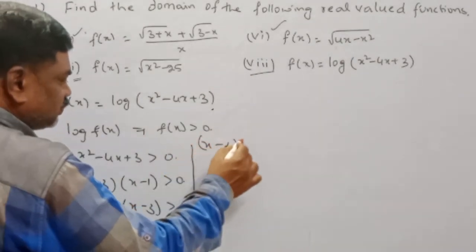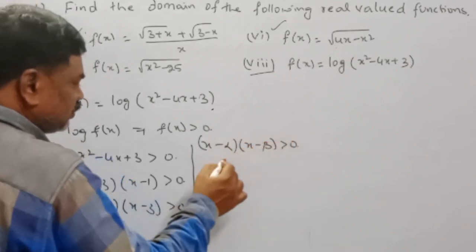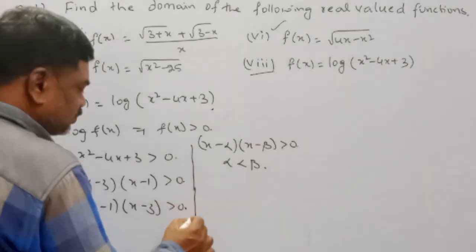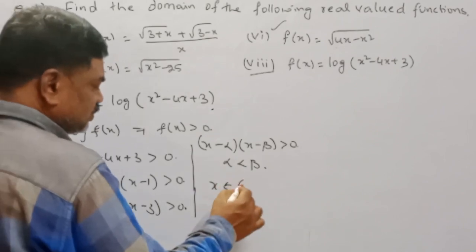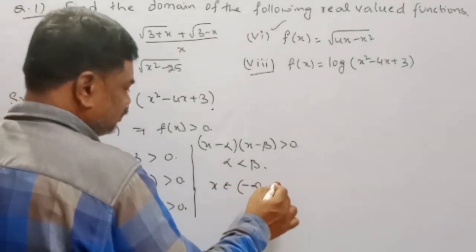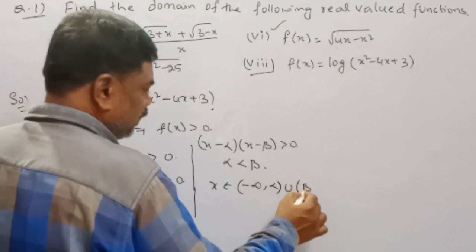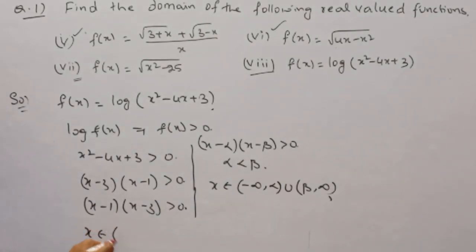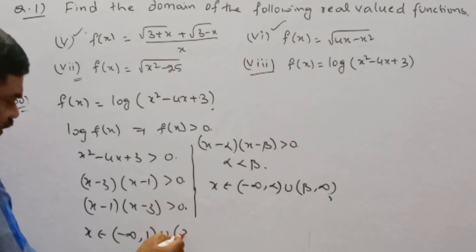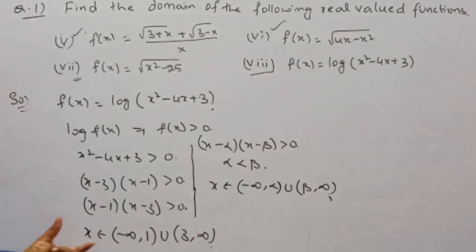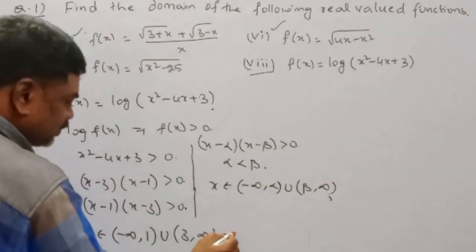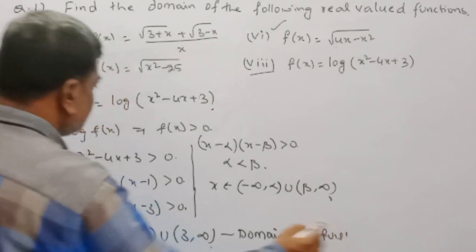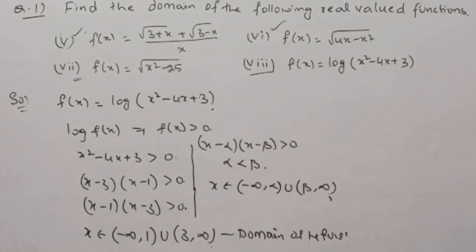X minus alpha into x minus beta greater than 0, where alpha less than beta, then x belongs to minus infinity to alpha union beta to infinity. By using this formula, x belongs to minus infinity to 1 union 3 to infinity. Okay, all of you. So this is the domain of the function.